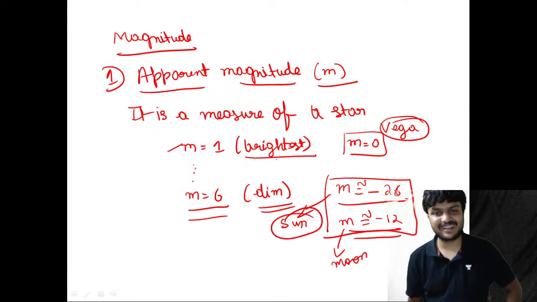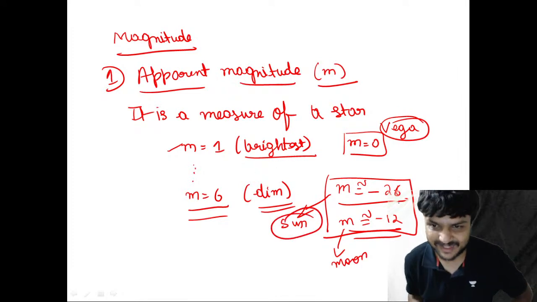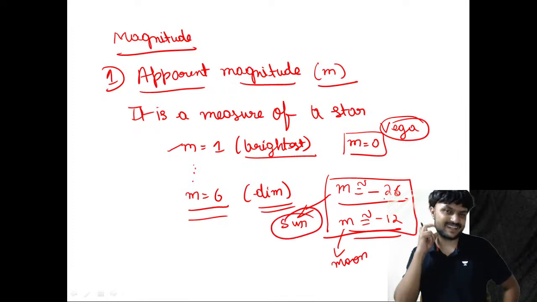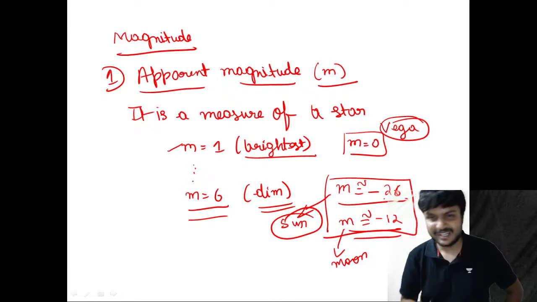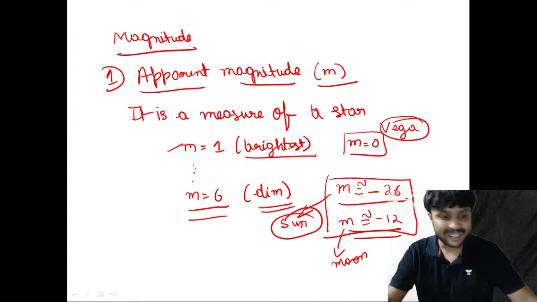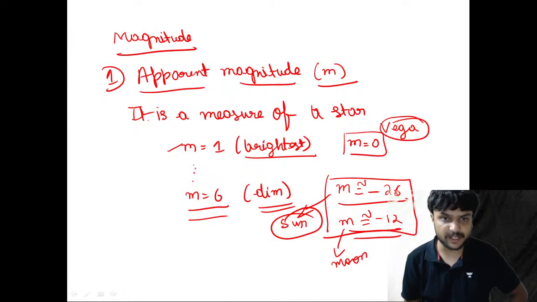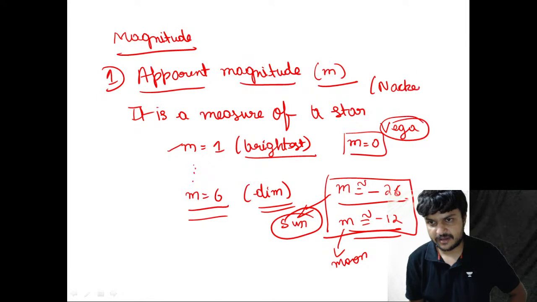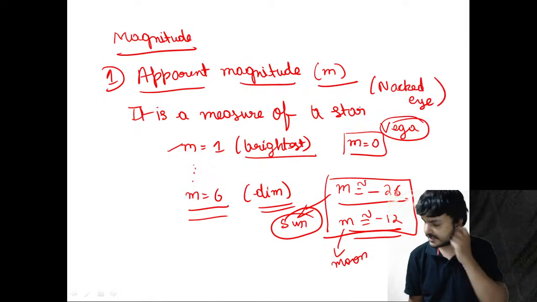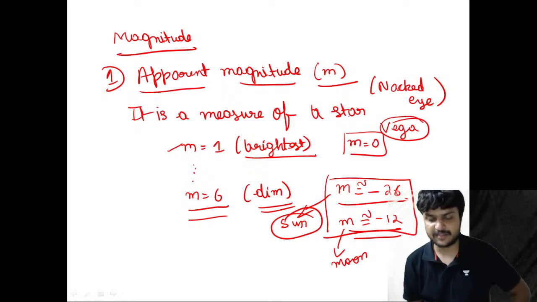Once they created the first rank, second rank system, they forgot about the bright objects and then they revisited and got these values. These are the magnitudes that you can measure using our naked eye, at a standard distance which is visible to us. This is a scale we use for naked eye observations, and this is very much important.